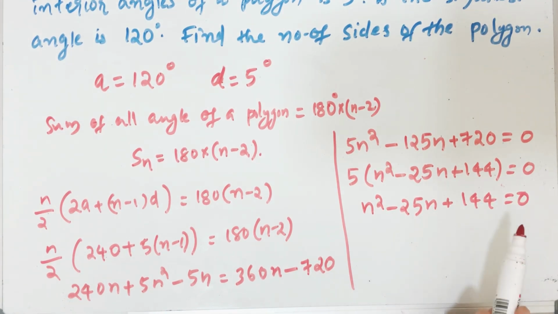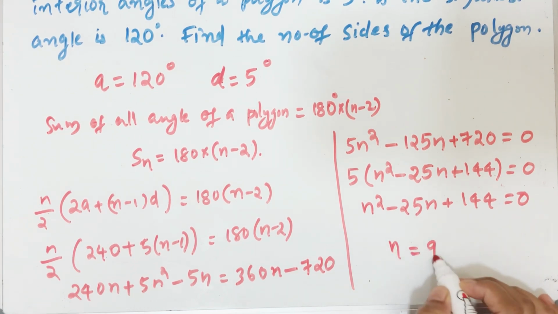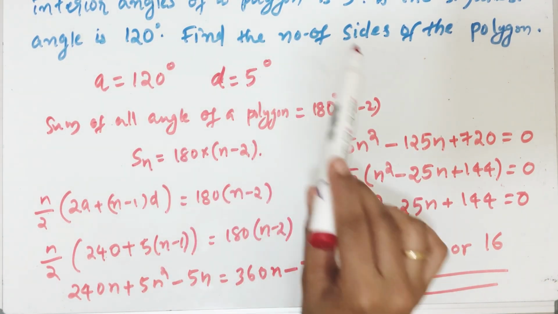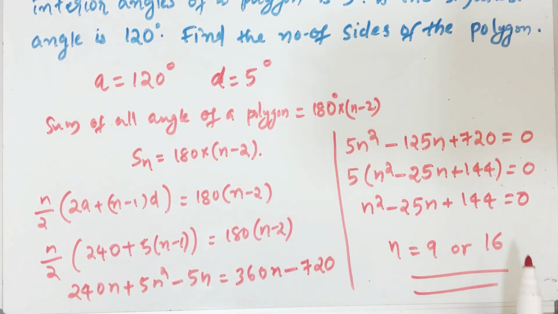Solve this equation using the formula minus b plus or minus root of b square minus 4ac by 2a. So we get n is equal to 9 or 16. So polygon with the 9 sides will have these properties, and also the polygon with the 16 sides also satisfies these conditions. Okay, the answer is 9 and 16.